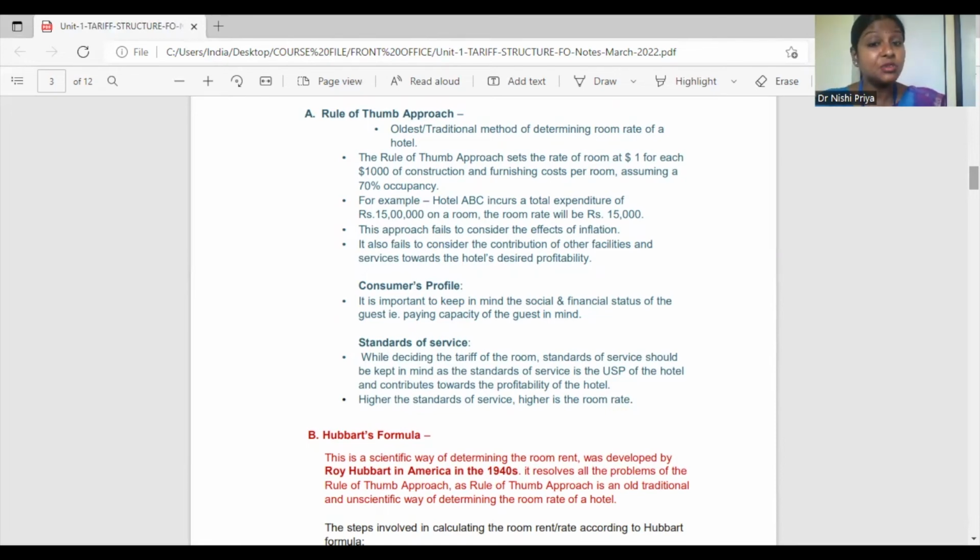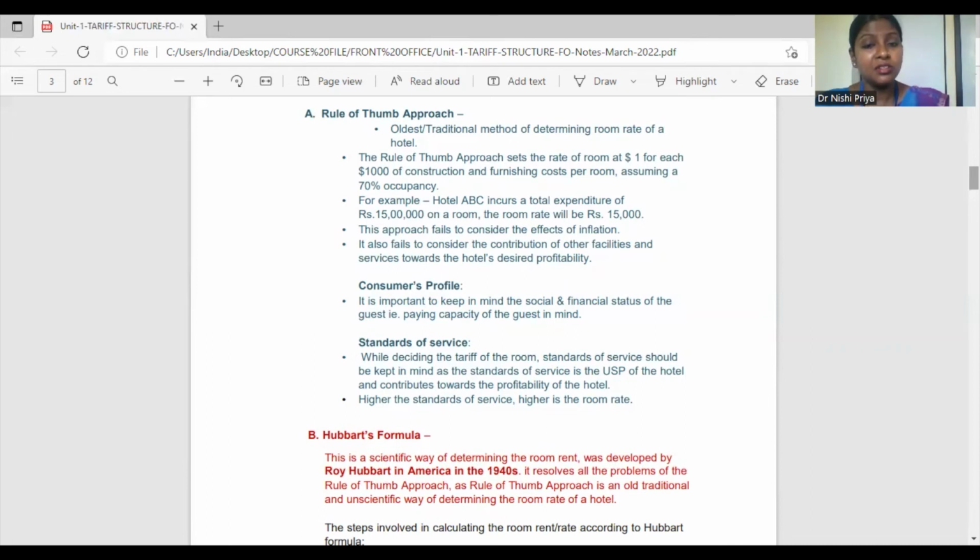This approach fails to consider the effect of inflation. It is very typical, the oldest and very straightforward, and it does not take into account a very important point, which is inflation. Inflation needs to be incorporated.